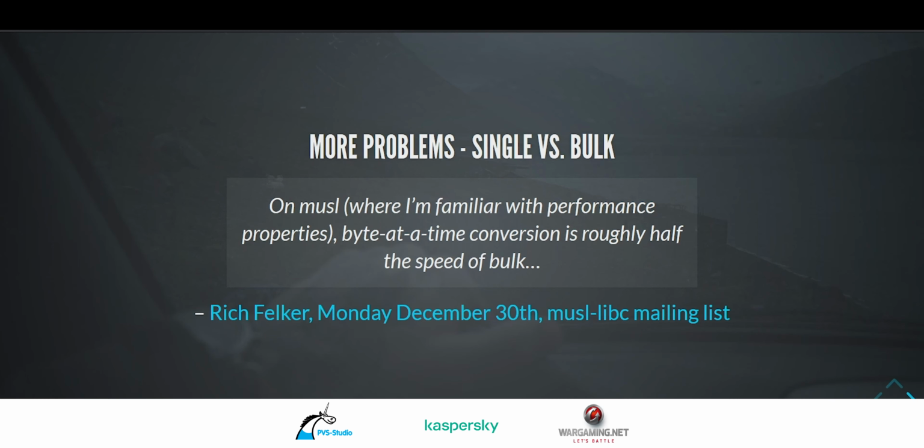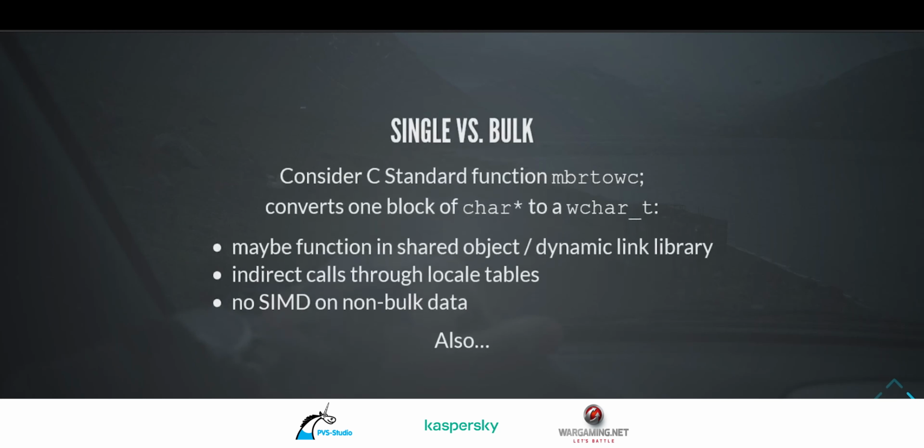The quote goes on to say it doesn't really matter, and we should just write it that way anyway because it's better to have maintainable code rather than crazy shenanigans. But that performance drop matters for some people. You can't just take half of the speed when you could have written something a little bit better, something that optimizes a little bit cleaner. And that's one of the problems with single versus bulk.